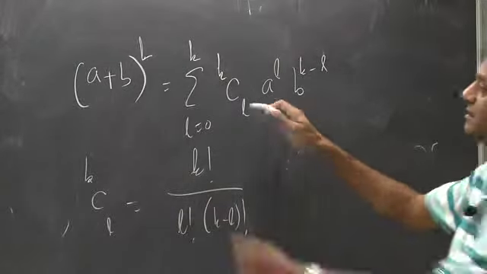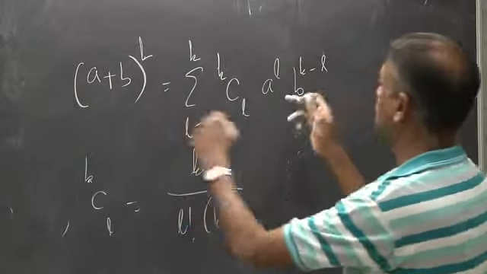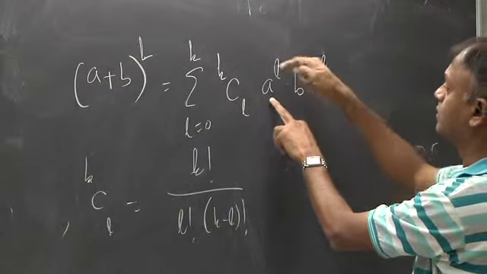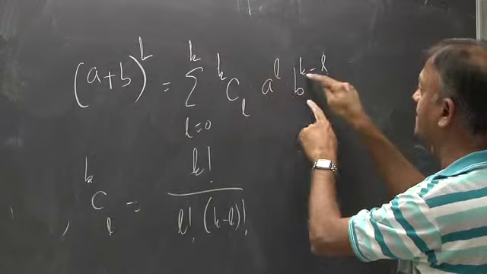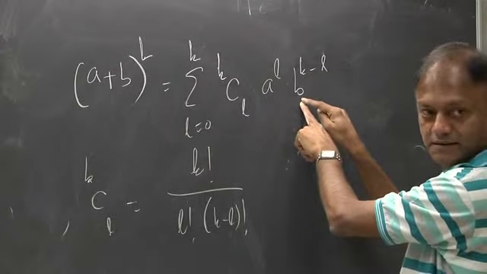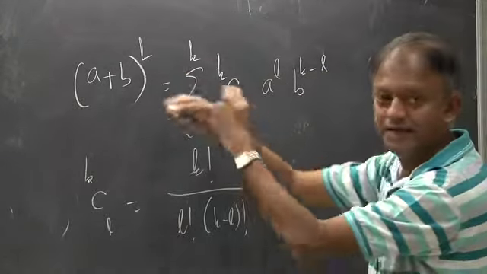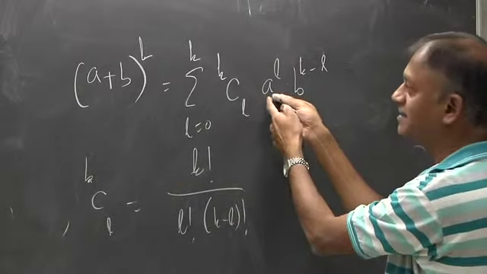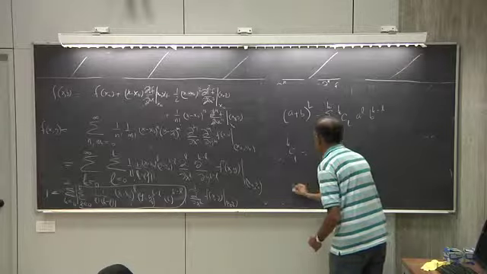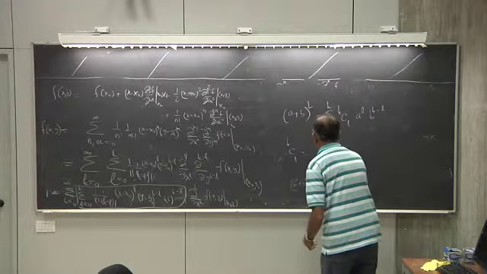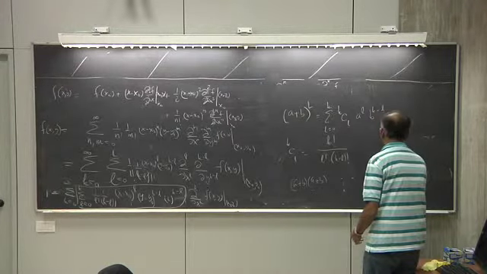In this you have k products, so you look at the term which has l a's and k minus l b's, right? And then you see how many ways you can get it. So you want to pick l a's out of (a + b), k times, right?